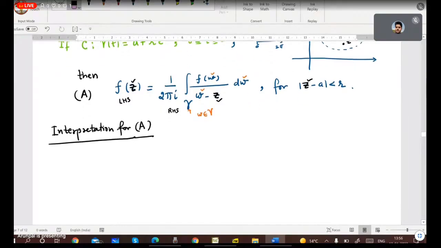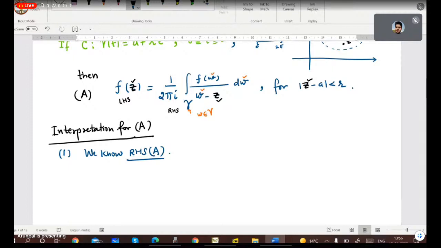Keeping this in mind, let us interpret it. I am going to give you two interpretations. The first interpretation is the following. Suppose we know the right hand side of A. What is the meaning of knowing the right hand side of A?